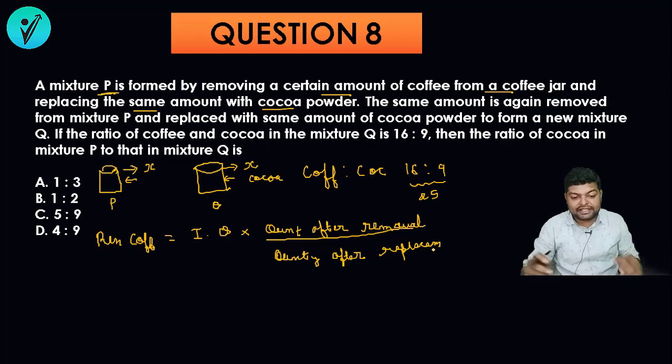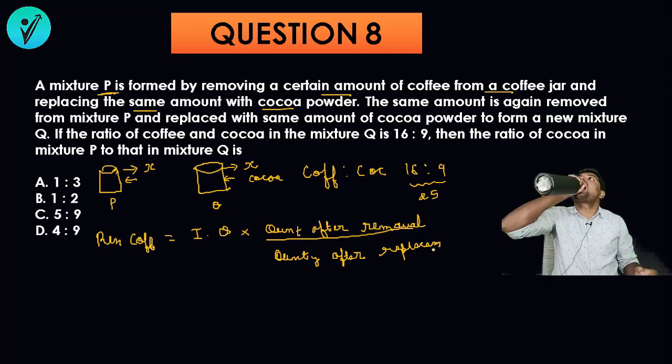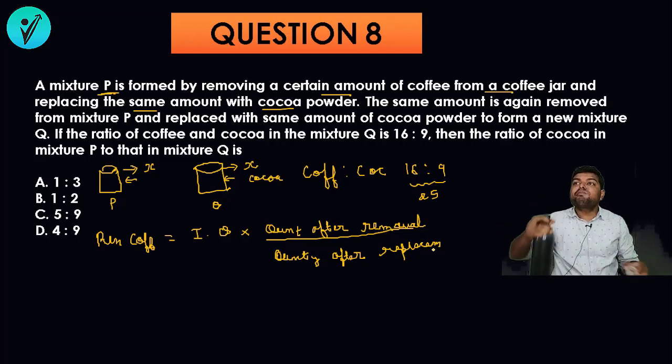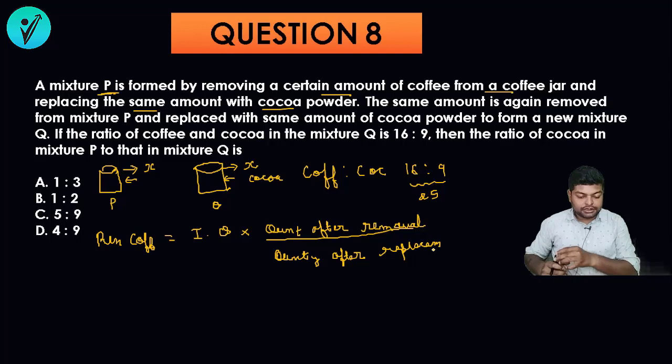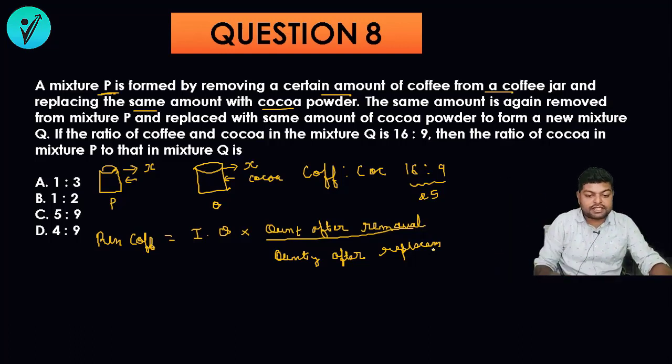Okay, we can write simply this formula: quantity after removal upon quantity after replacement. And if this process is repeating n number of times, simply raise it to the power of n.